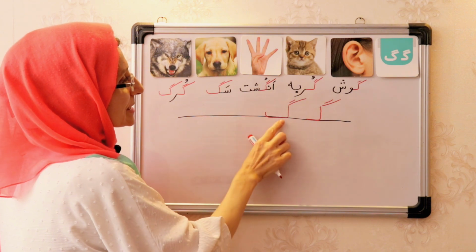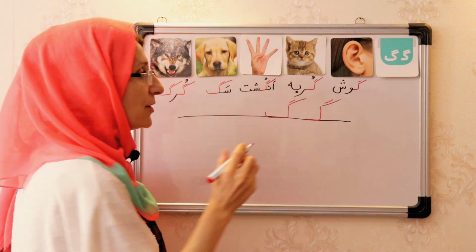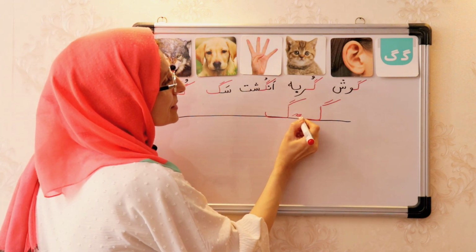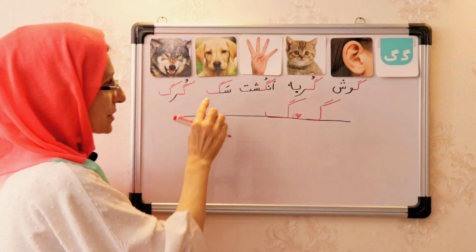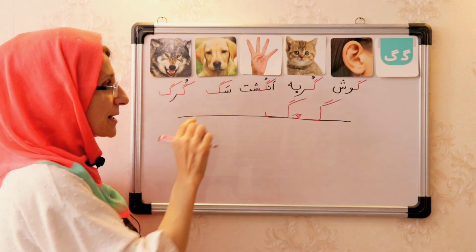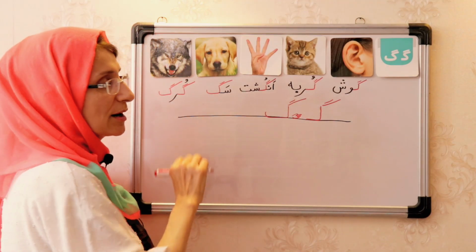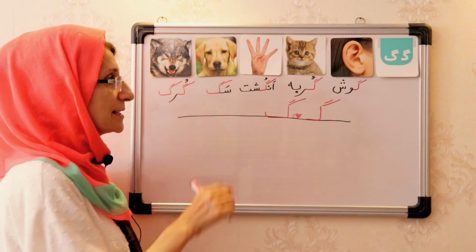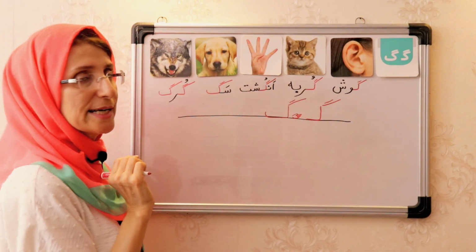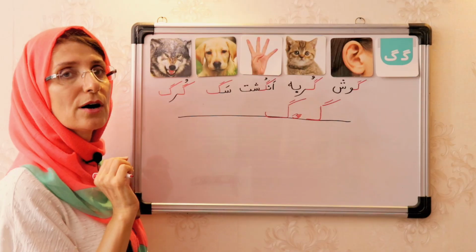And G آخر can take the hand of the previous sound. For instance, this G آخر took the hand of sin: we have سگ, sag, dog.